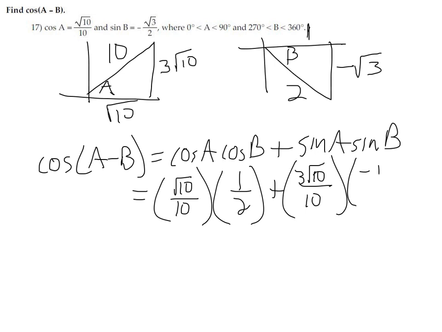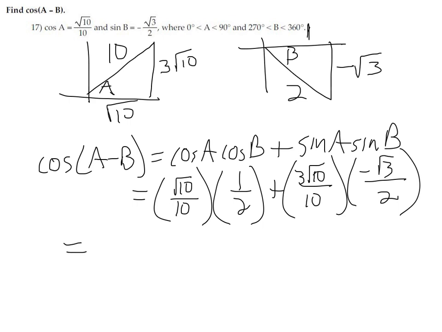Sine B is opposite over hypotenuse. So for sine A, for example, opposite over hypotenuse. For cosine B, as an example, adjacent over hypotenuse. And then notice some of these are also given, so you can check them. But the triangle allows us to get them all very easily.